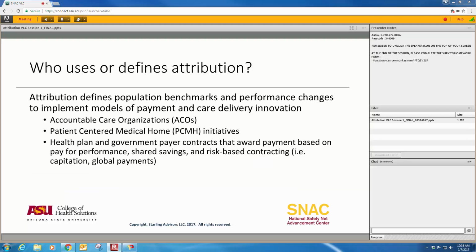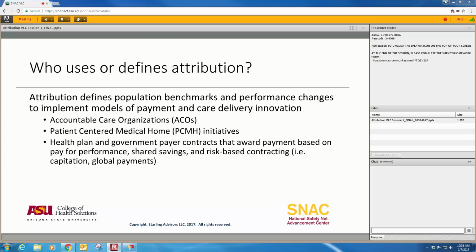Who uses or defines attribution? Well, attribution is a concept that you're going to see emerge anytime you're having a conversation around alternative payment or value-based payment models for your patients. Accountable care organization models always have a methodology for determining the attributed population of patients. Patient-centered medical home initiatives that might have some upside payments for achieving principles of the patient-centered medical home model will focus on which patients are in essence impaneled or assigned to a given practice.